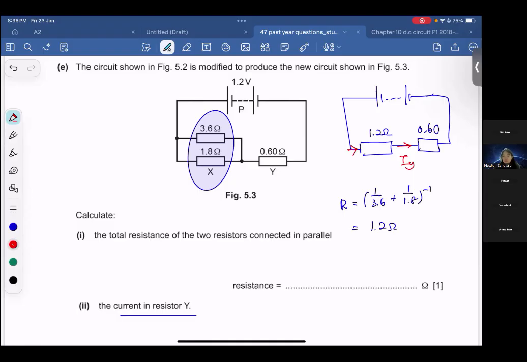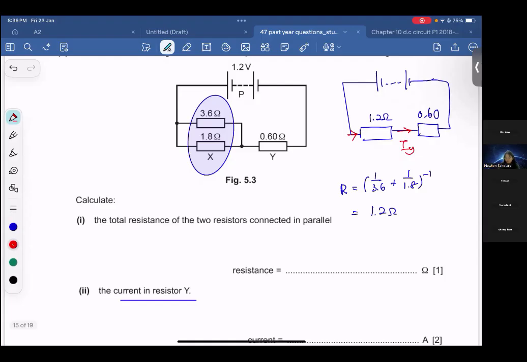Fatima, no. Sean, no. Vashini, yes. Dear, you see, why do they ask you to find the total resistance in parallel? Maybe they want to help us for the next step.